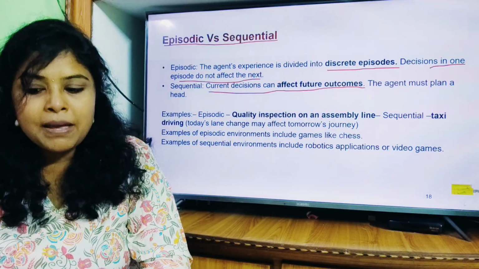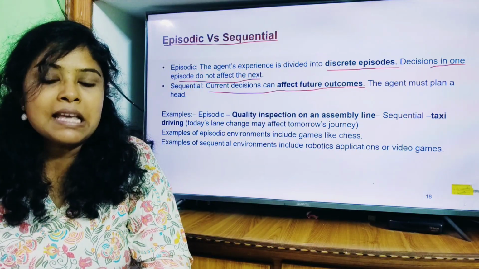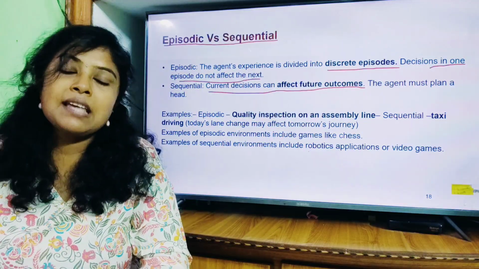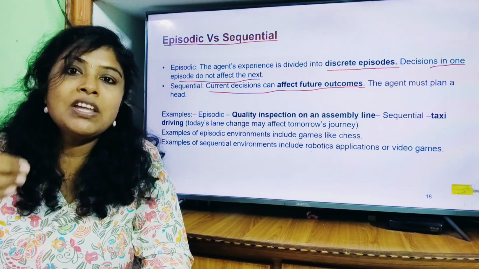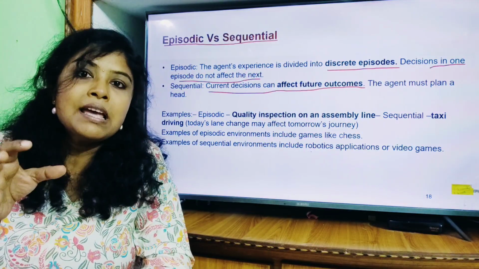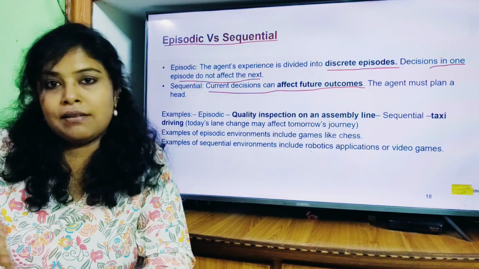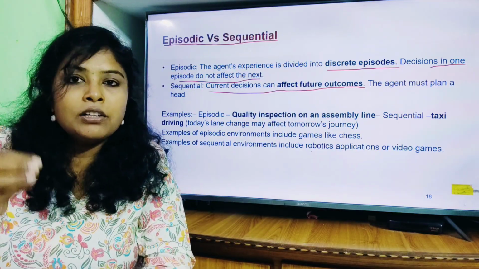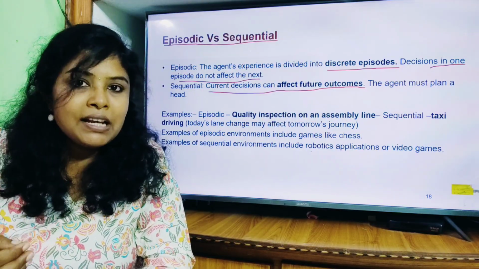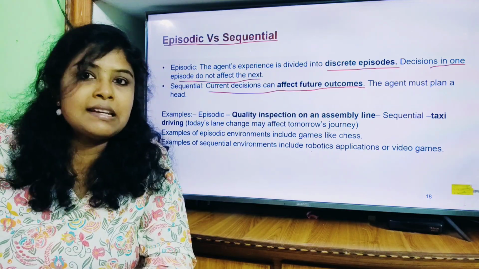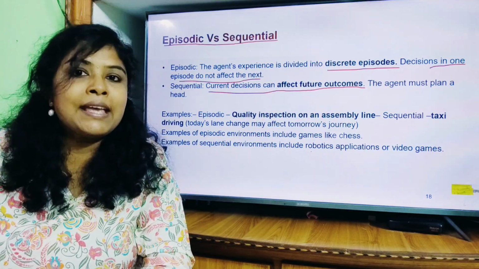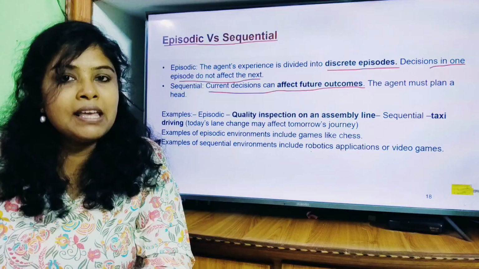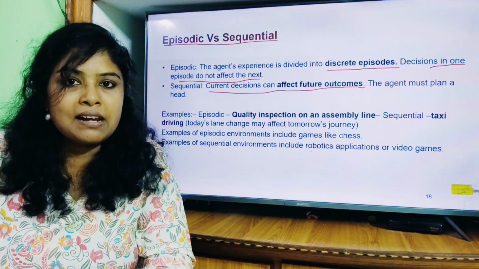And consider some environments like video games, where each step in the game will have an influence on the other. Suppose in a Mario kind of game, in order to go to the next level, we need to reach the destination of the first level. So each level will have an impact. Suppose so many lives are remaining.